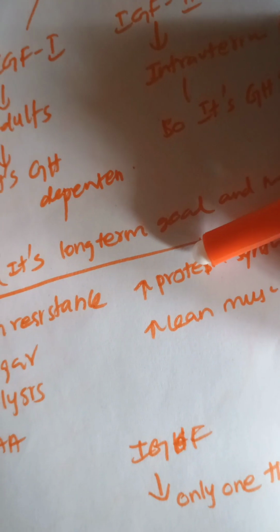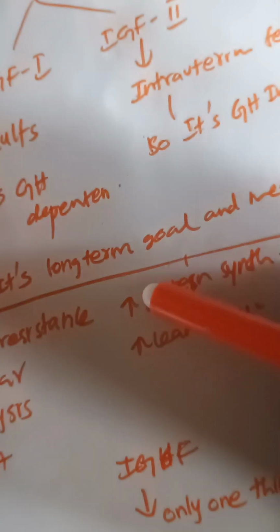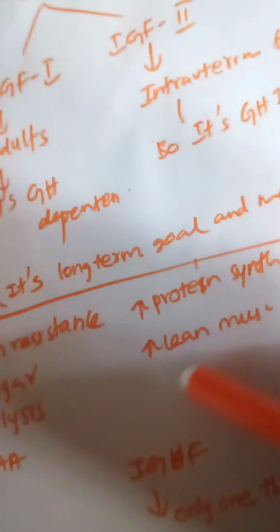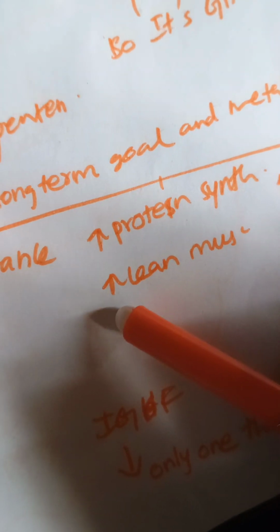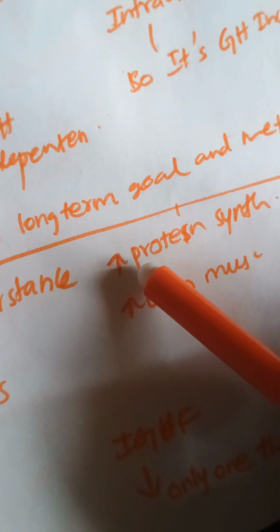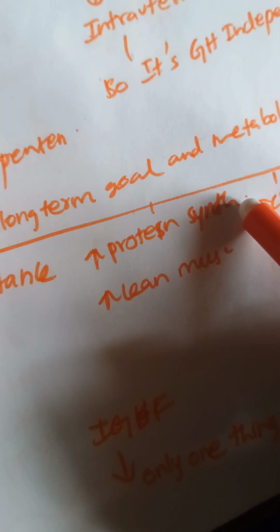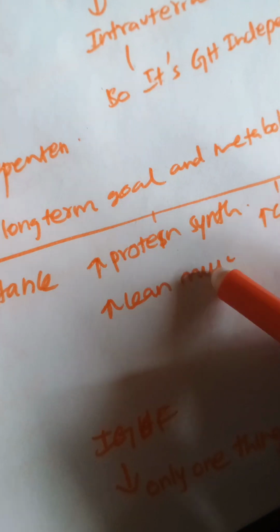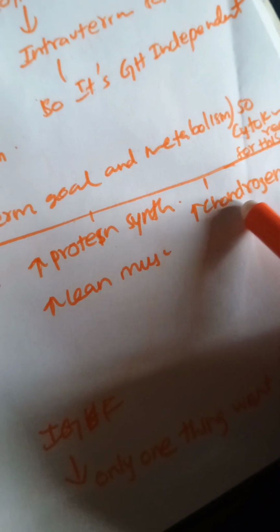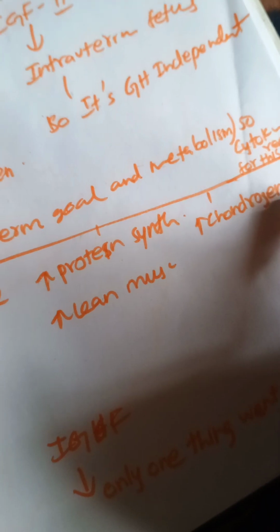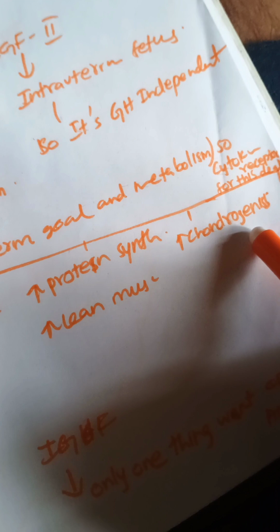Protein synthesis is happening, and lean body mass is increased. Protein synthesis also increased. It resulted in cardiomyopathy, myopathy, and colon cancer risk also. If chondrogenesis happens, gigantism or acromegaly is there.